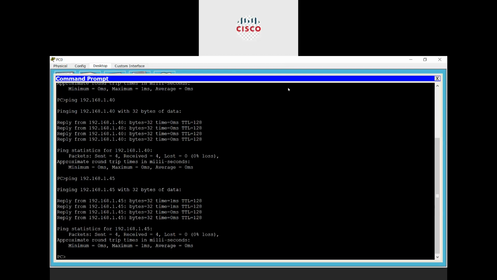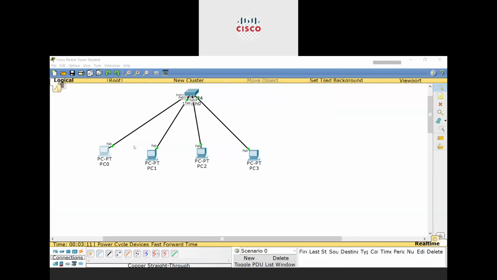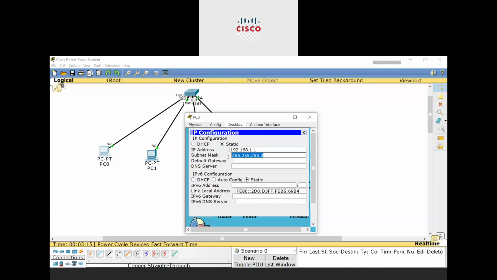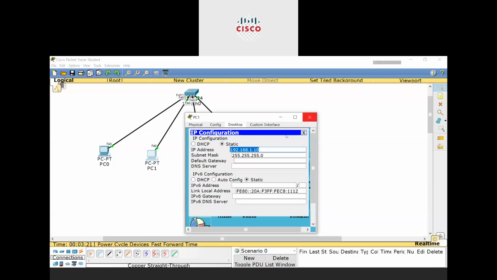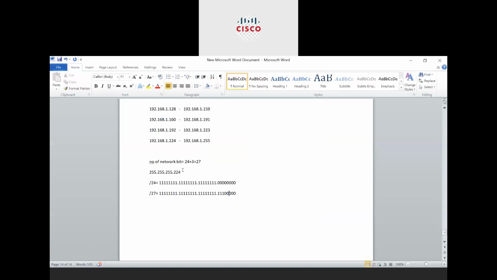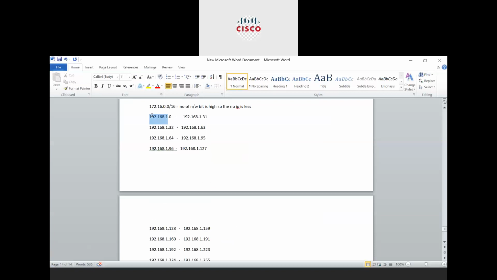if you noticed, the IP addresses 1.1 and 1.10, these two belong to the same subnet. These two IP addresses belong to this range, so this range is a different subnet, and the next two IP addresses belong to this range. These two subnets should not communicate, but still they are communicating.